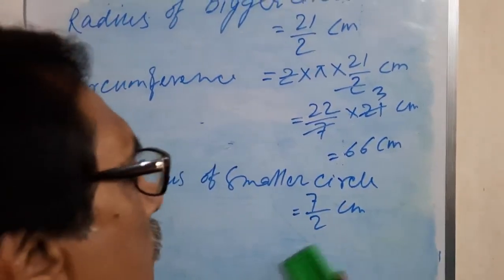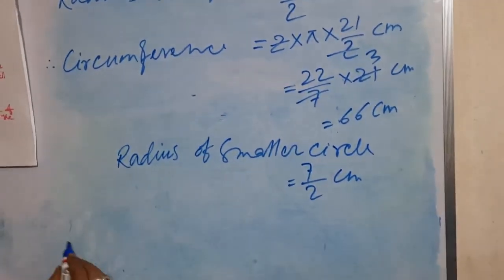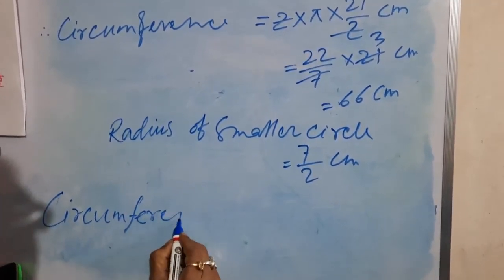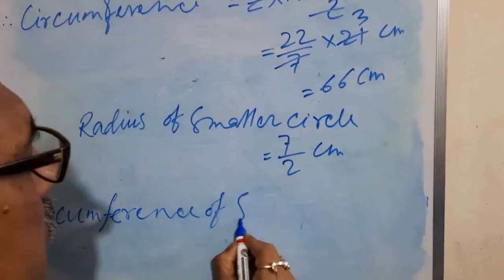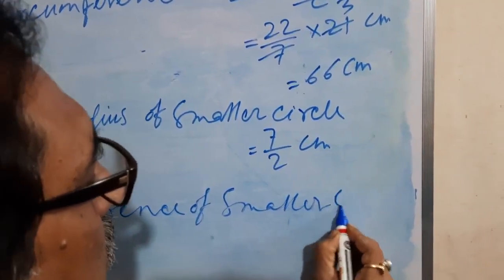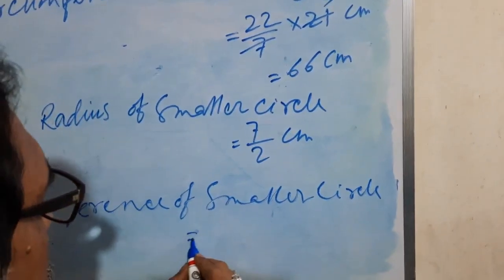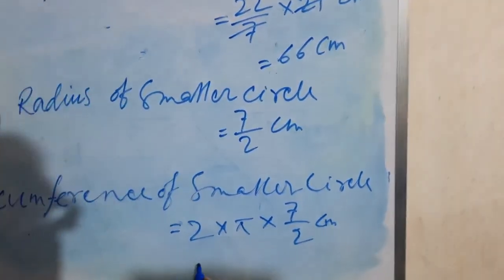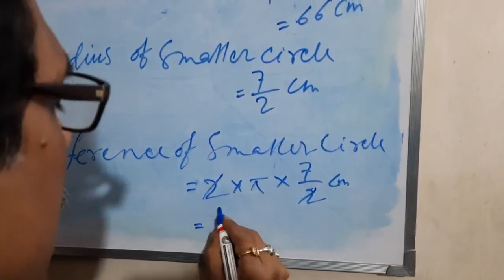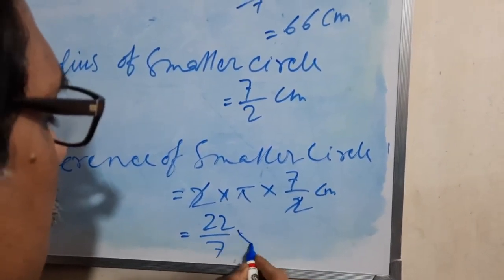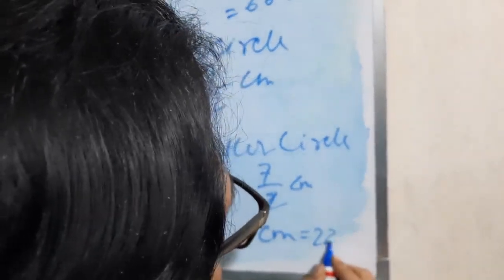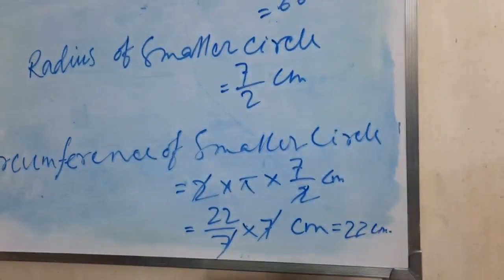Therefore, circumference of the smaller circle is equal to 2 into pi into 7 by 2 centimeters, which is 22 centimeters.